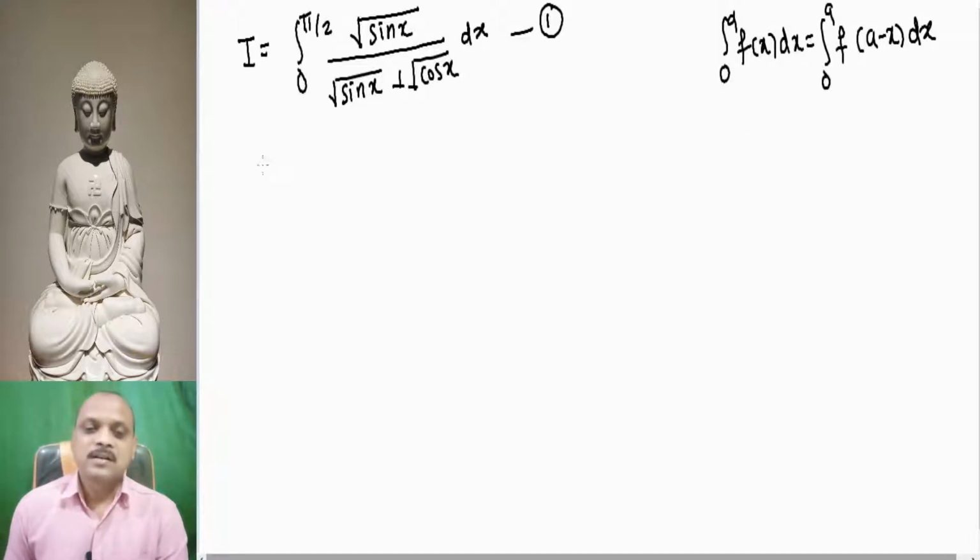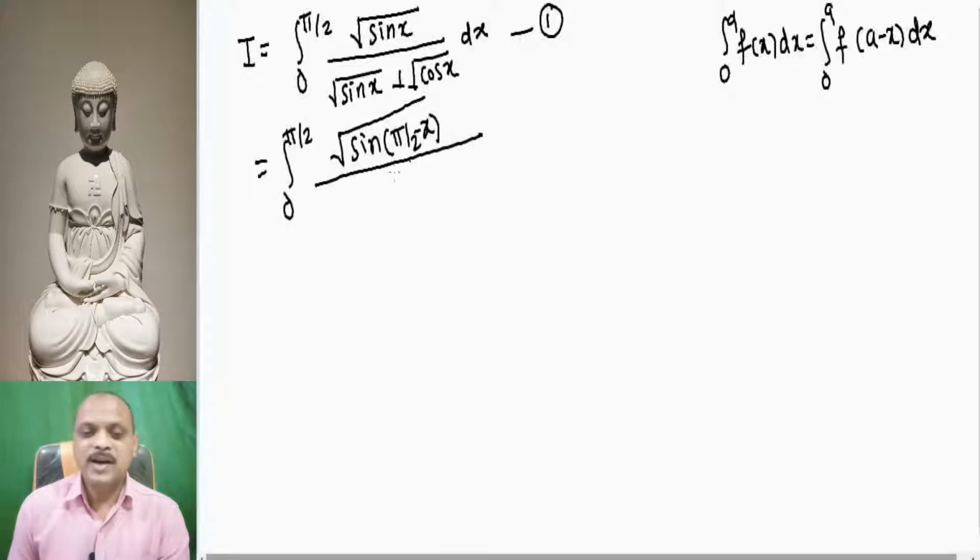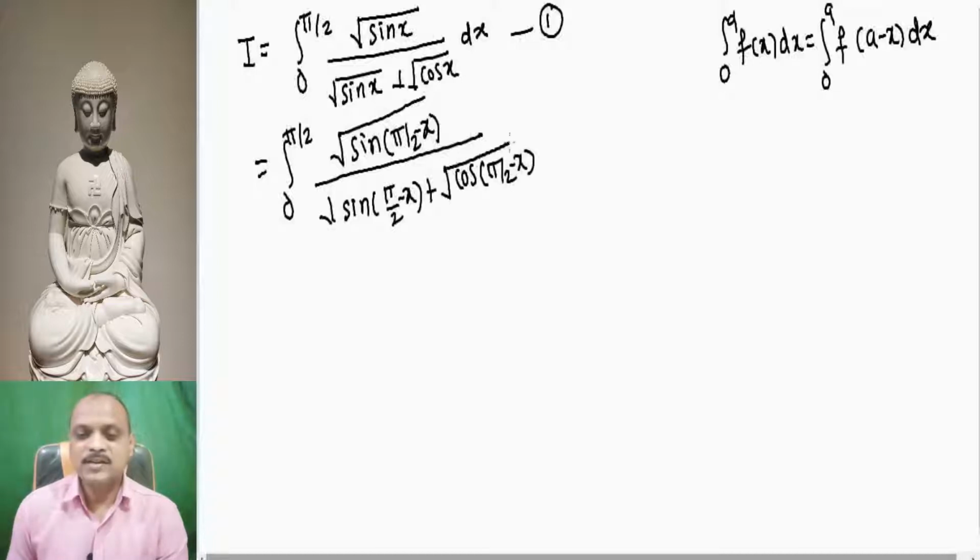Here this is equal to integration 0 to pi by 2 of root of sin of (pi by 2 minus x) divided by root of sin of (pi by 2 minus x) plus root of cos of (pi by 2 minus x).